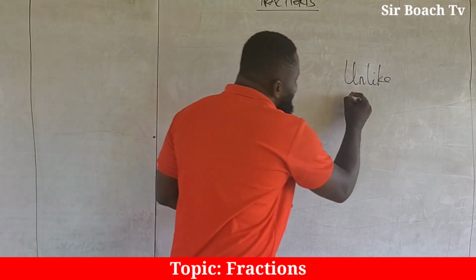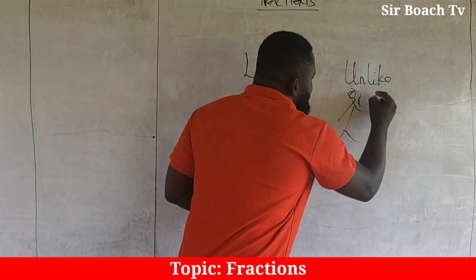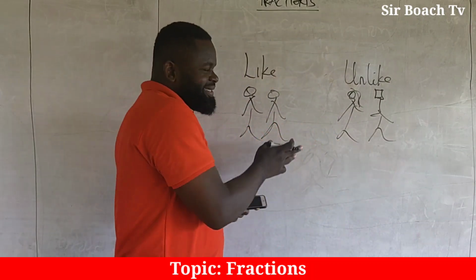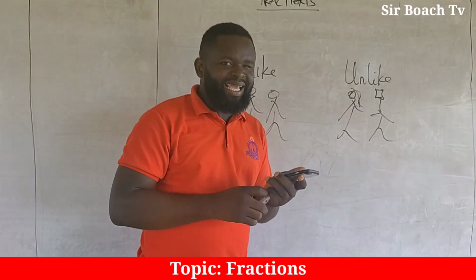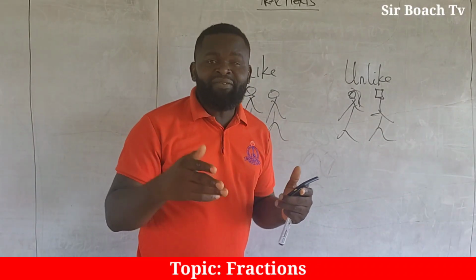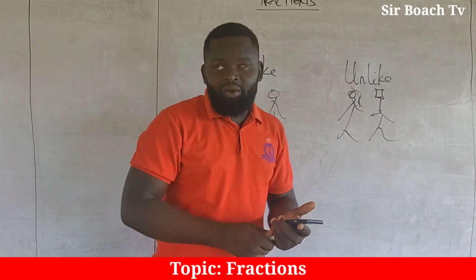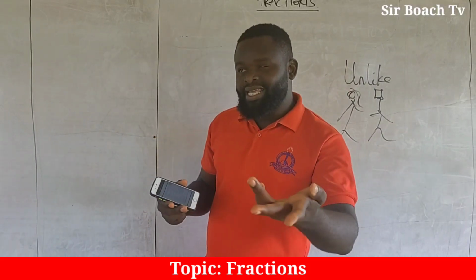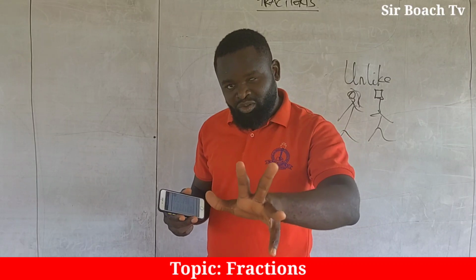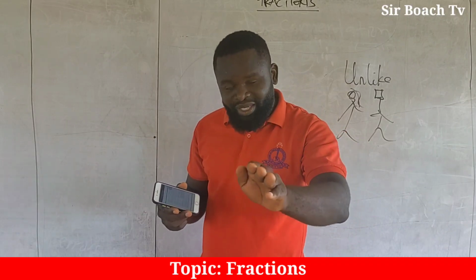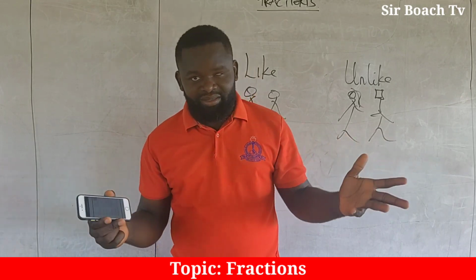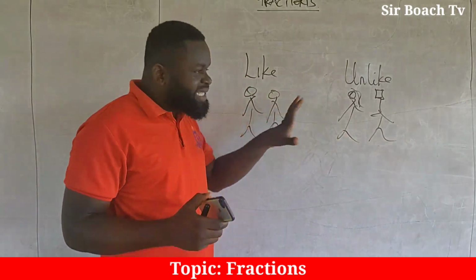But when a lady is walking with a man, people will start reading meanings. In a school setting, when they see a female and a male student, people ask, are they going out? But if the two guys are walking, they are going to learn or something. So that's the difference between like and unlike.